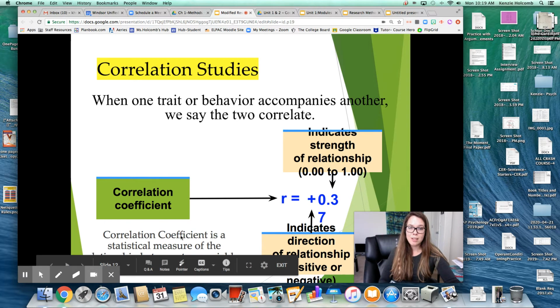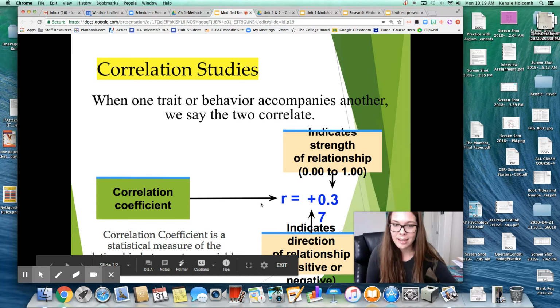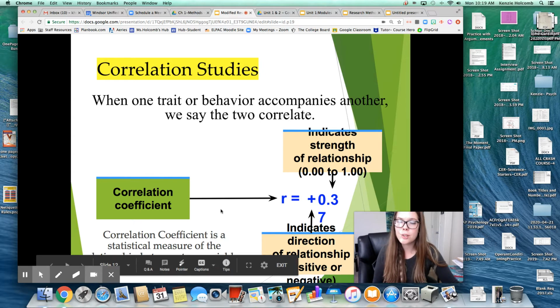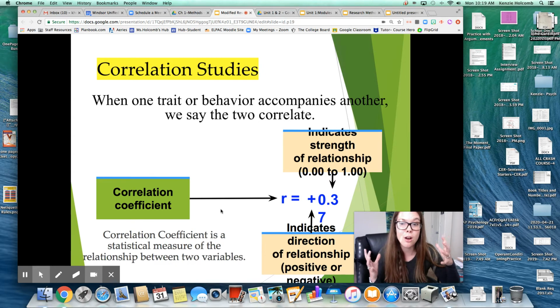So a correlation coefficient is, hold on, let me go right here. The correlation coefficient is the measure of how strong the relationship of two variables is. So for example, we have two sides. There's a positive relationship that goes up to 1, and then there's a negative relationship that goes to -1, right?